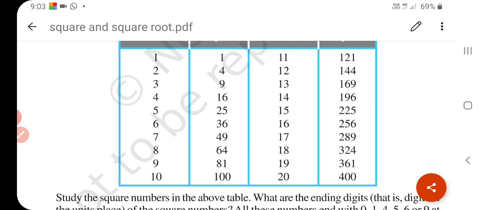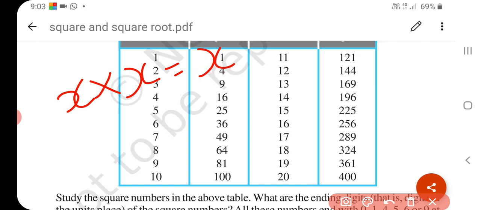If x is any number, the square of x is represented by x into x, that is x square.